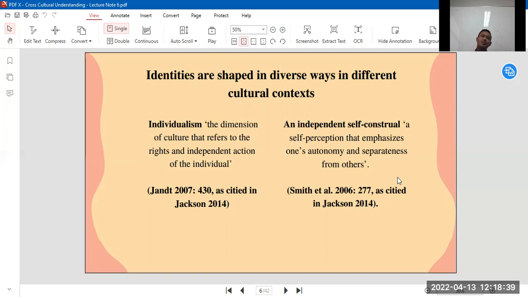And you know that the individualism here becomes the preference, becomes the characteristics of people because they have the independent self control, where this tends to be self perceptions that emphasize one's autonomy and separateness from others.